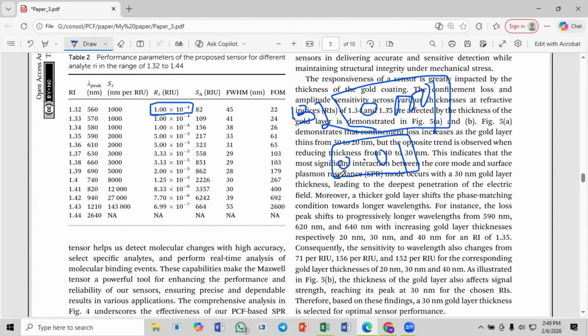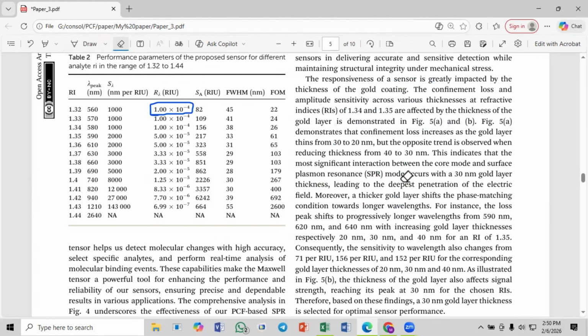So if we change the refractive index by 0.001, the wavelength change will be 1 nanometer. The resolution tells us the minimum change of refractive index that a sensor can sense. So it's very easy to calculate resolution.